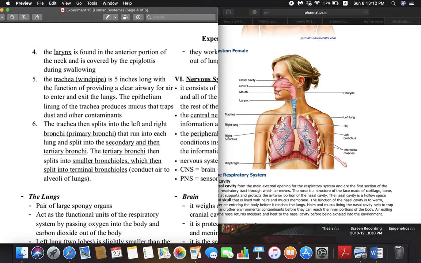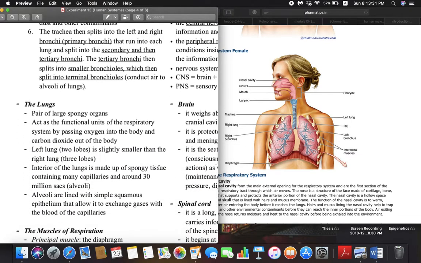These bronchi then split into the secondary and then tertiary bronchi. The tertiary bronchi then split into smaller bronchioles, which then split into terminal bronchioles. The terminal bronchioles conduct air to the alveoli of the lungs. So this is everything we need to know about the airway.